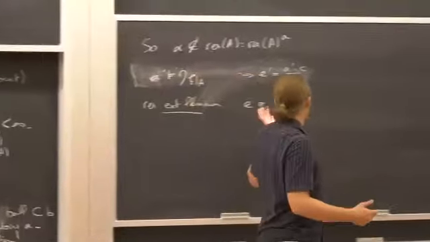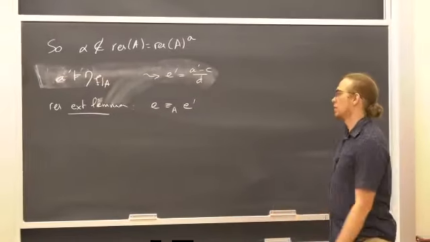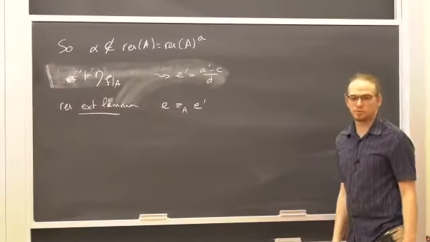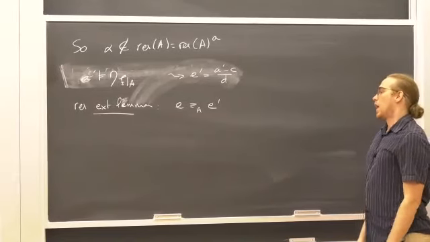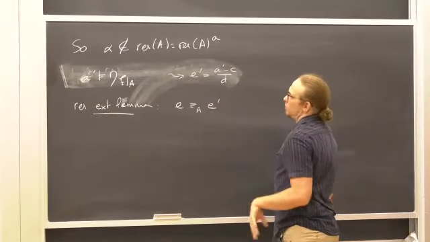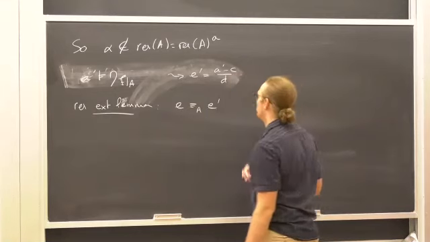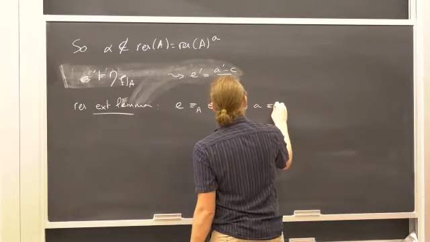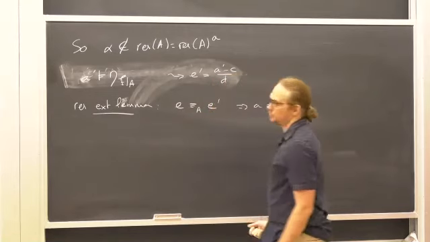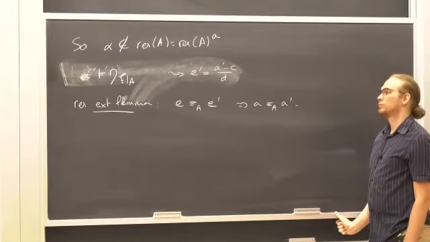So the type is unique, and so they have the same type. And if you know that E and E prime are equivalent over A, since C and D are in A, this immediately implies that A and A prime are equivalent over A. Okay.